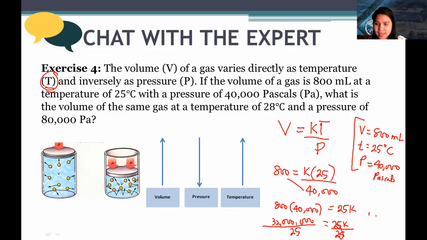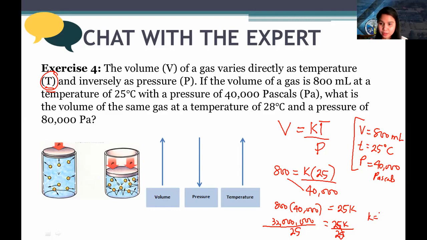We have K equals, wait, first, it's 32 million divided by 25.